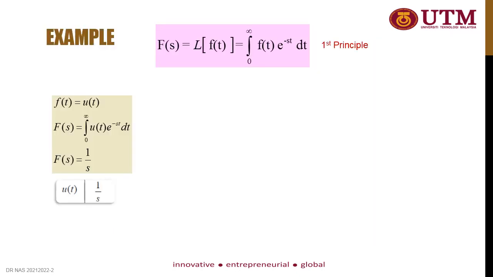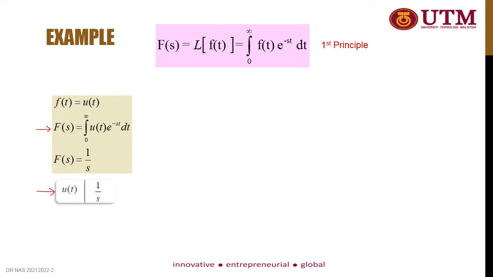Okay, this slide shows a comparison of solving the time domain function in the s domain, either by using the first principle or by referring to the table. By using the first principle, when you have a function u(t), you perform the integration of u(t) multiplied by e^(-st), and you get 1 over s.